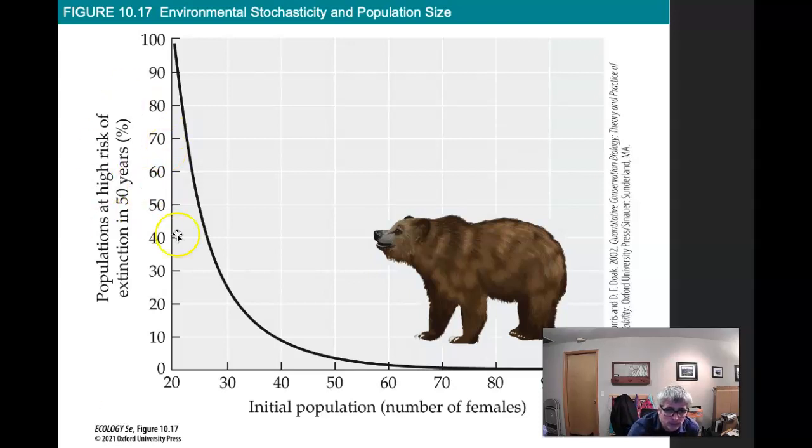Extinction risk gets much lower as you get more bears. Environmental stochasticity is much larger at smaller sizes.